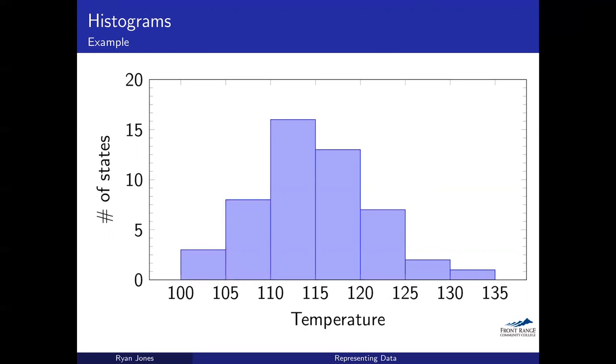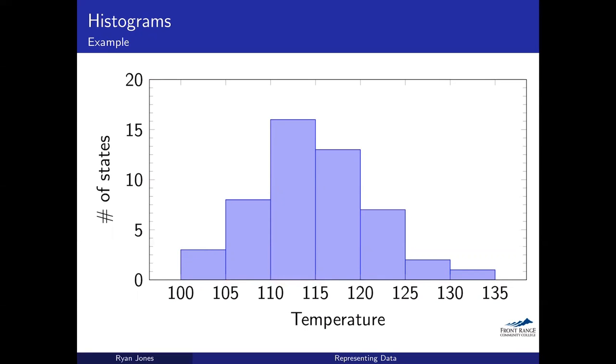Some people will actually explicitly write out a 104 and a 105, maybe with a dash there or something. That's not as common. It's more implied that the number here is the start of each interval, and the final number is one more than that interval. So 100 to 104, 105 to 109, 110 to 114, and so on.